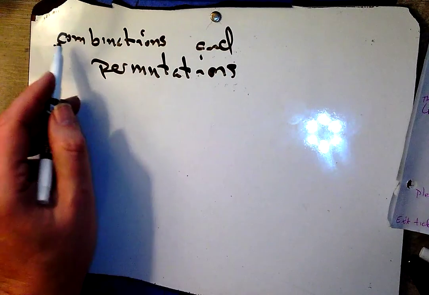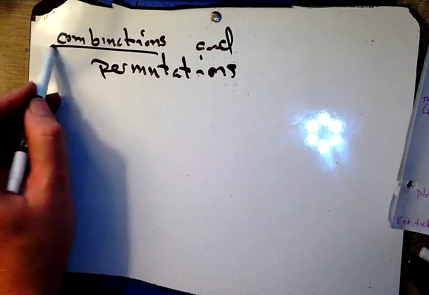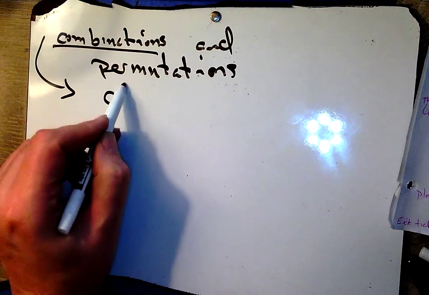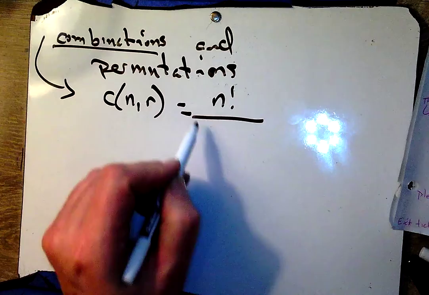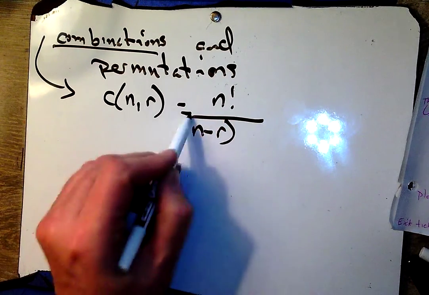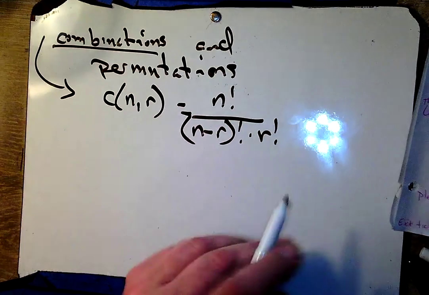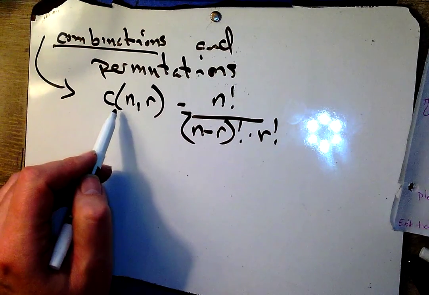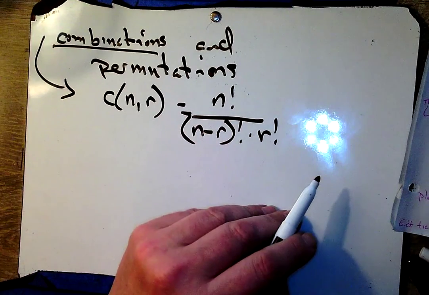Well, I remember we had a formula for each of these, and the one that I'm interested in, the combination formula, C n r, is n factorial over n minus r factorial, times r factorial. Combination, the order does not matter. Permutation, the order matters. Right.